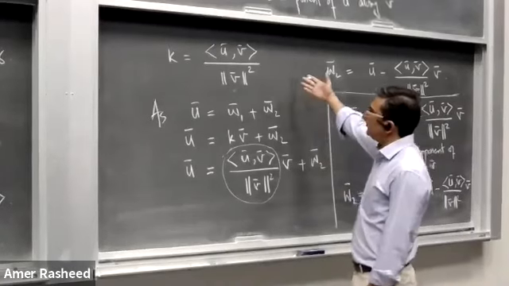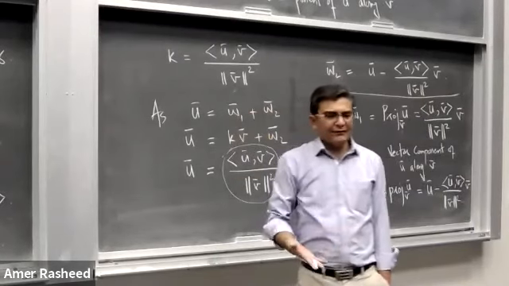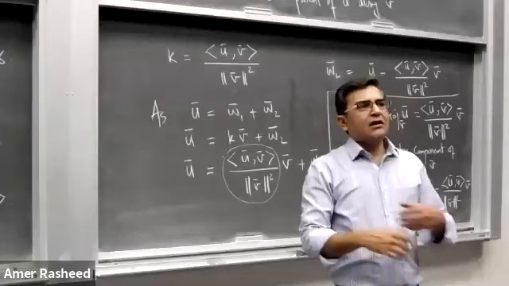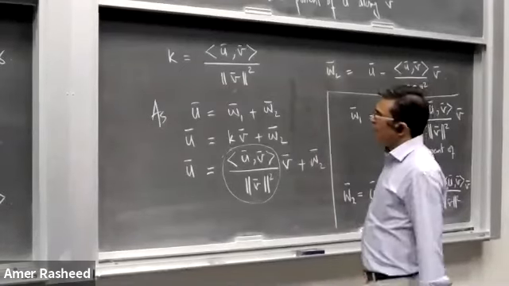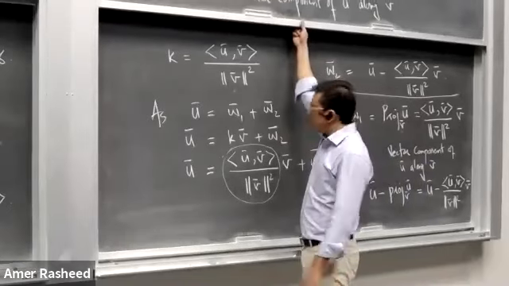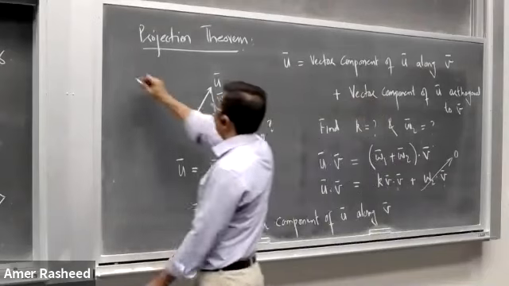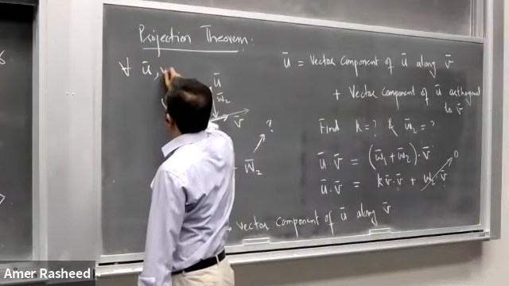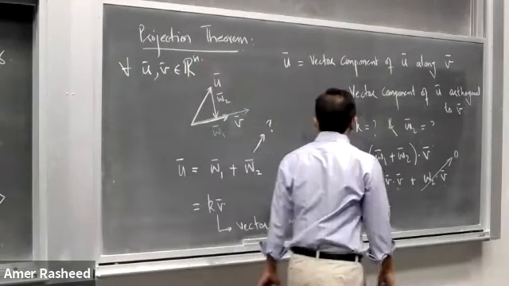We never assume the form of a vector, or we never take a particular form of a vector. These are for all vectors belonging to Rn. Okay, where U and V belong to Rn. These two vectors, for all U V belonging to Rn. The U V could be any two vectors.